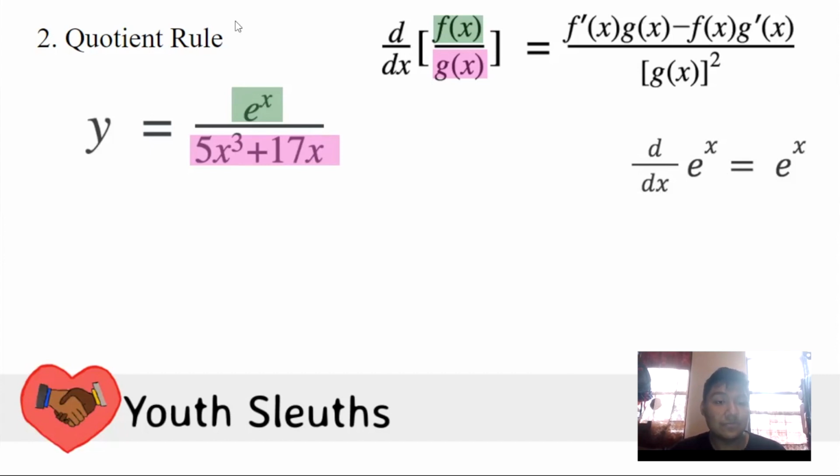So we start off by having y equals the derivative of f of x, which would be e to the x again.